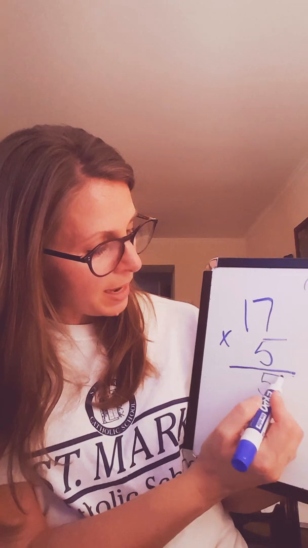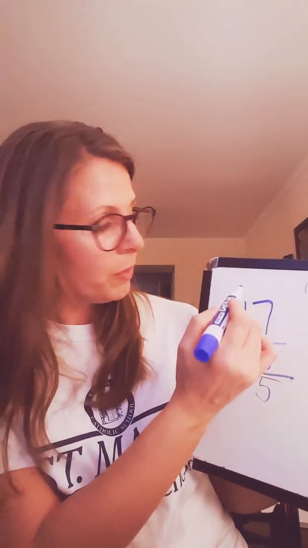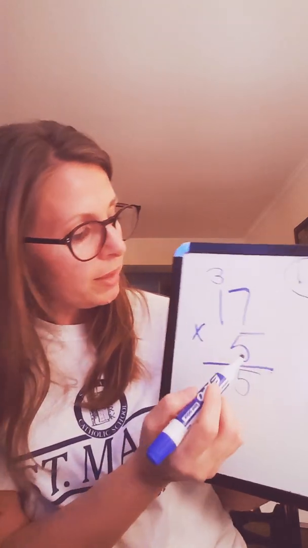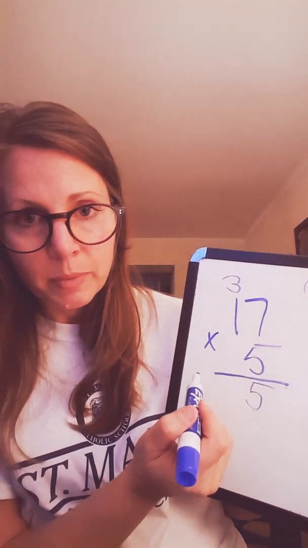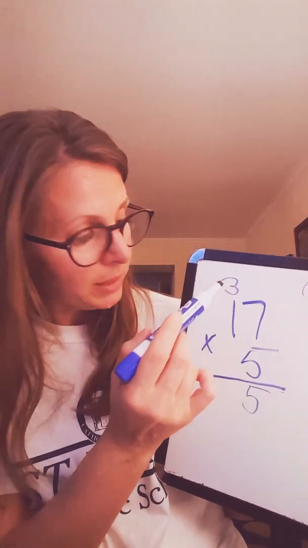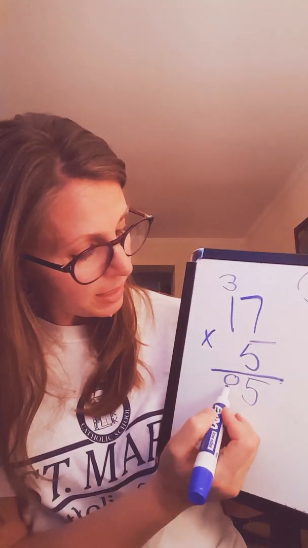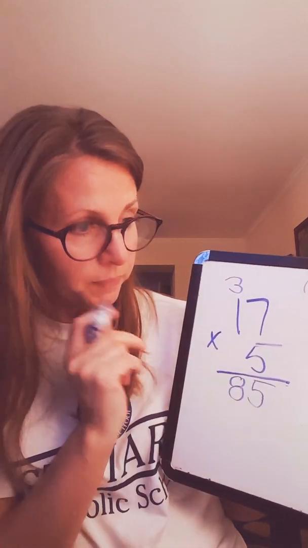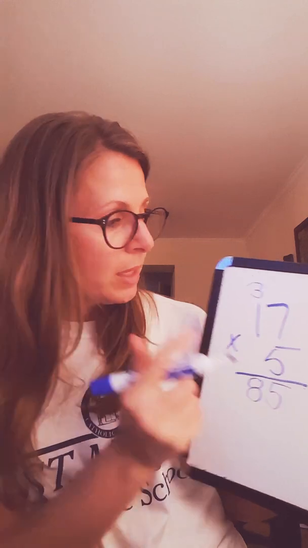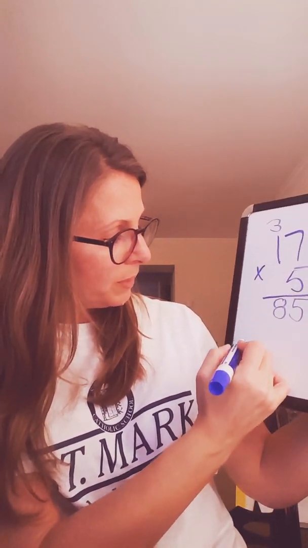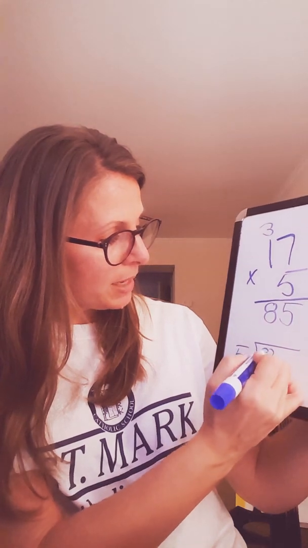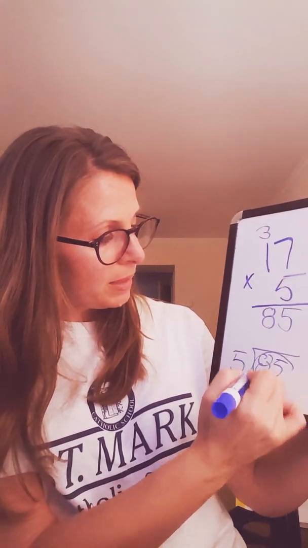We write down our 5 and we carry up, we regroup the 3. Okay, can you see that? 5 times 1 is 5, but we have to add that 3 on, so we get 85. Now if we go back and we look at our problem, it was 85 divided by 5. These match.